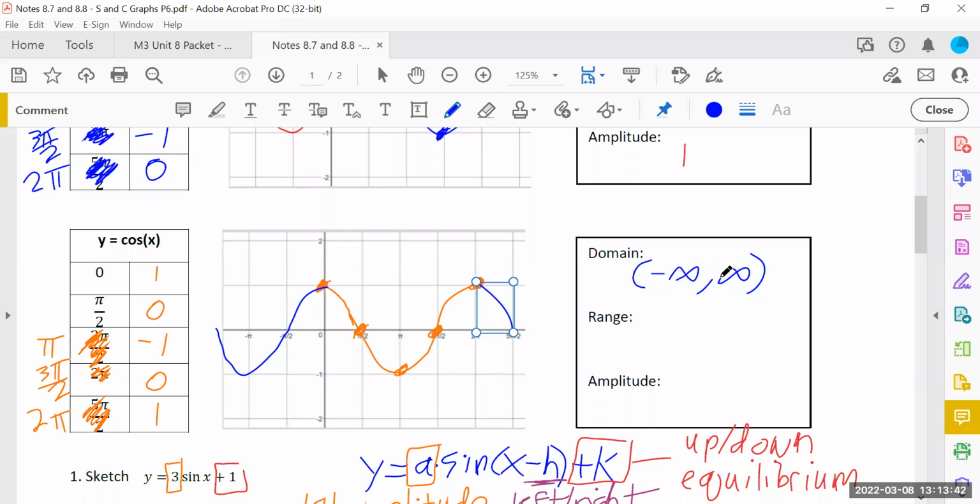Our range is the same. It still goes down to -1 and up to +1. And our amplitude is the same. It's still just 1. Does that make sense to everybody?